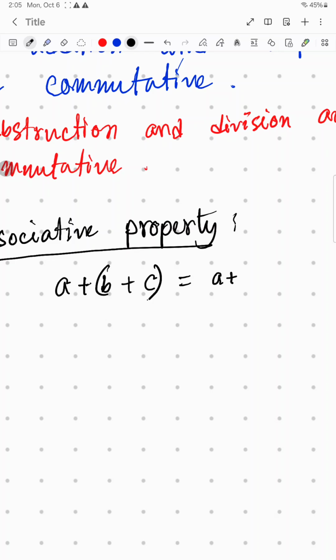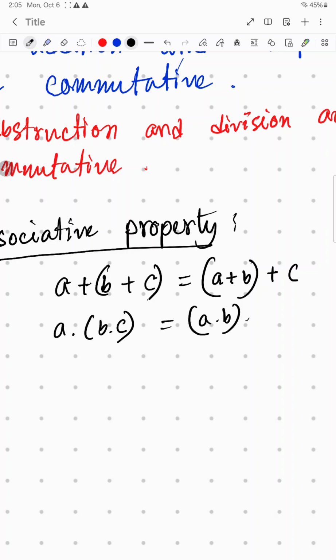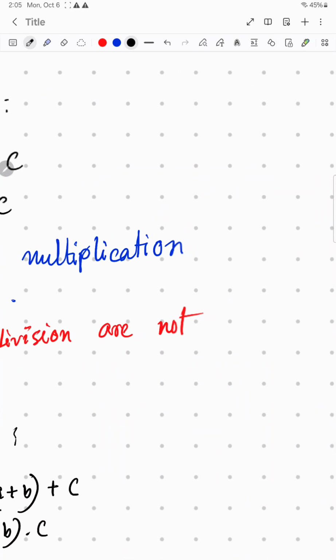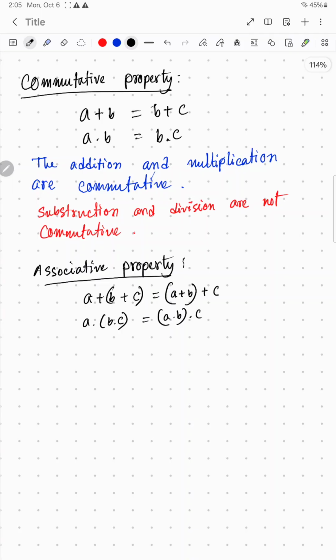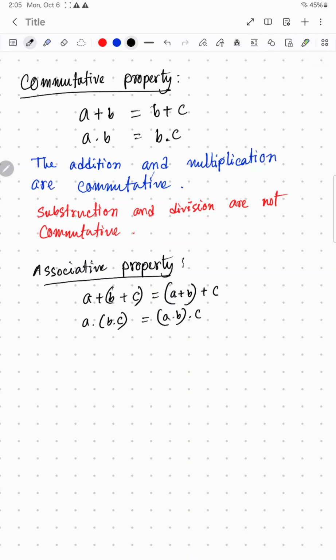It doesn't matter which one you do first. We all know that from PEMDAS, we always do the parenthesis first, right? So it basically says whether we add B and C first or A and B first, if this is all addition, it is the same property.